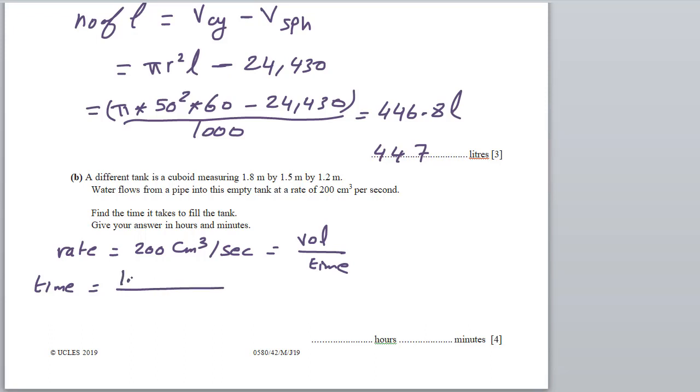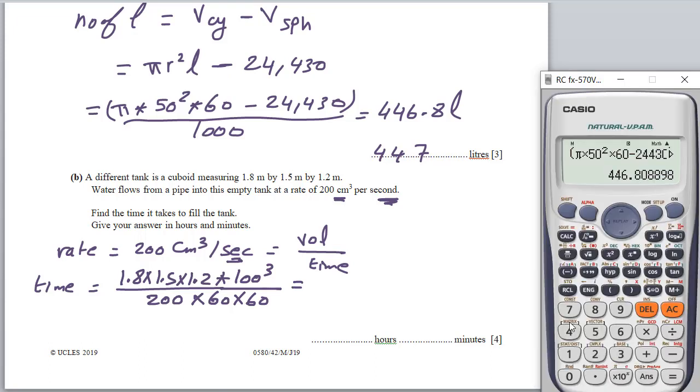The volume we have is equal to 1.8 multiplied by 1.5 multiplied by 1.2, multiplied by 100 cube since this is in meters and we have centimeter cube, divided by 200. Now this is the time in seconds, so I need to change it into hours. So divided by 60 divided by 60.